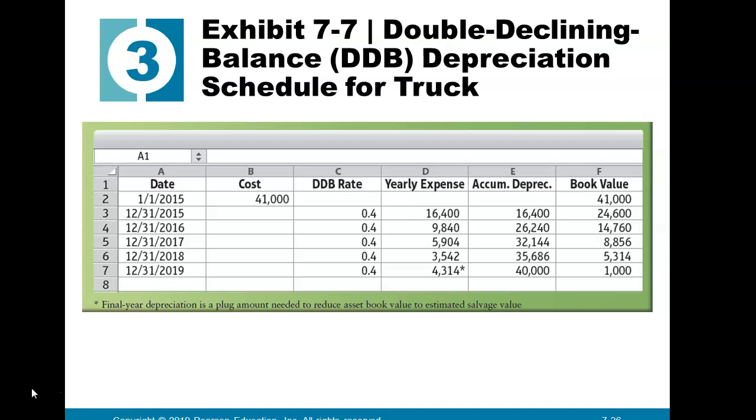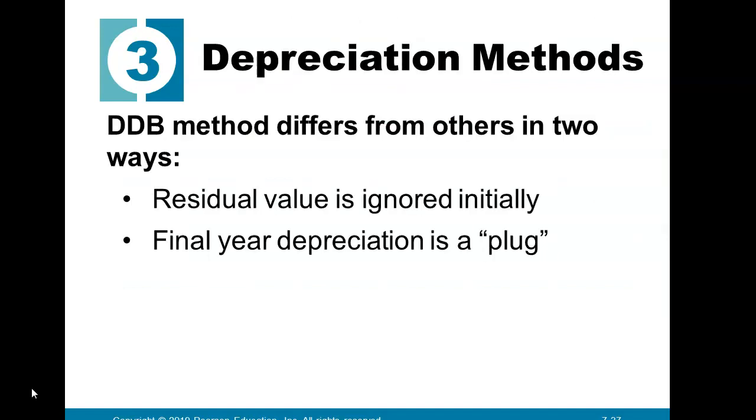So that means book value is going to be the cost minus the accumulated depreciation. Remember, not cost minus salvage, but the cost in total minus the accumulated depreciation. So every single year you're using a new book value to calculate your depreciation expense, knowing full well that the DB rate is going to remain the same.